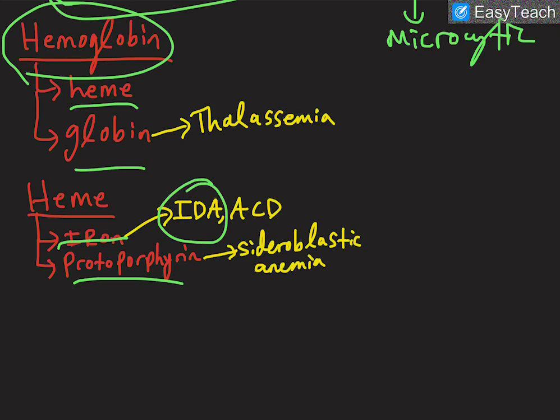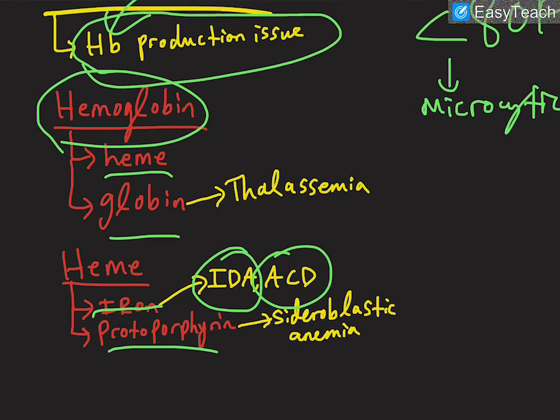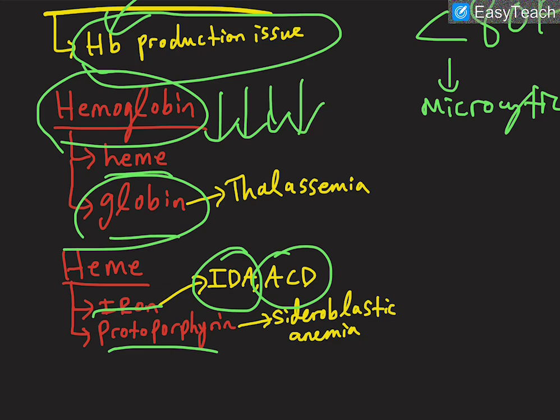If you have low iron, like you see in iron deficiency anemia or anemia of chronic disease, you can get low hemoglobin concentration inside your red blood cells, which means smaller than normal red blood cells, or microcytic anemia. If you have low globin chains, you're going to have low hemoglobin, because hemoglobin is made up of heme and globin. Low globin chains is thalassemia.